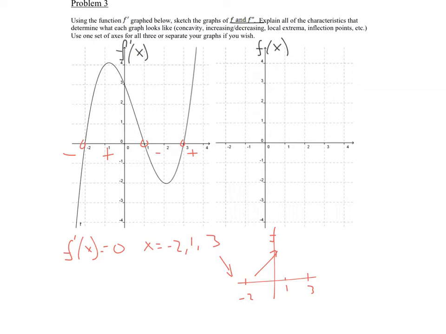Between -1 and 3, we're going down. And from 3 to infinity, we're going up. All right? So we know we have a minimum at x equals -2. And also at x equals 3. We have maximums at x equals 1, it looks like, so right over here. Okay? All right, so we've got some quick information there.